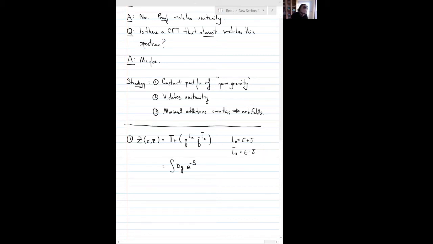So in particular, the way that we construct a thermal partition function of the theory is by performing a Wick rotation from Lorentzian to Euclidean signature, and then periodically identifying in Euclidean time. Right? That's how we study finite temperature physics. And we can do the same thing in the theory of gravity.